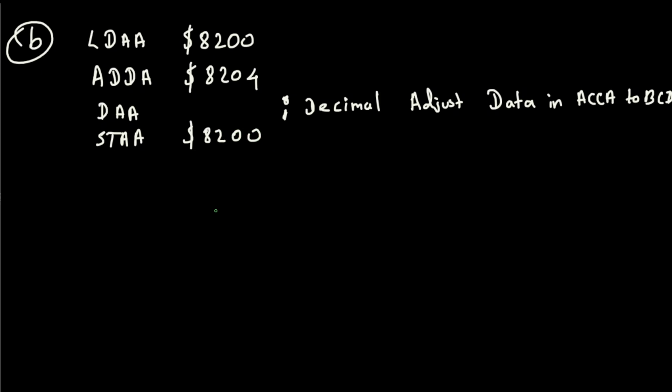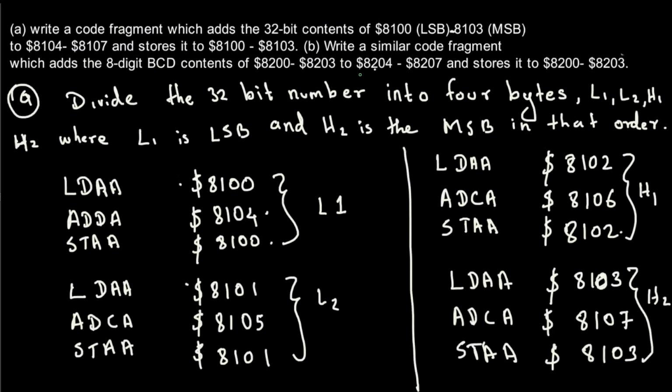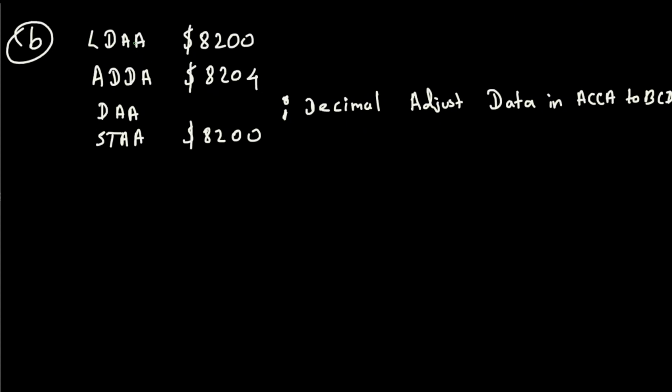Like the one we did before, it follows the exact same pattern. Each time increase by 1, and it has to be done 4 times to complete this range, because 8200 to 8203 means 0, 1, 2, 3, and the adding range is 4, 5, 6, 7. We have to increase each of these loading, adding and storing values, and do it for all of them. So let's do that.